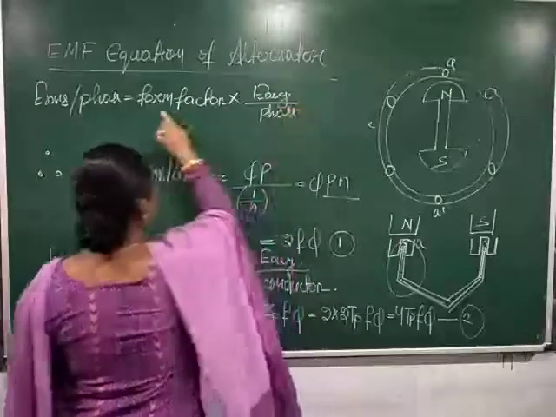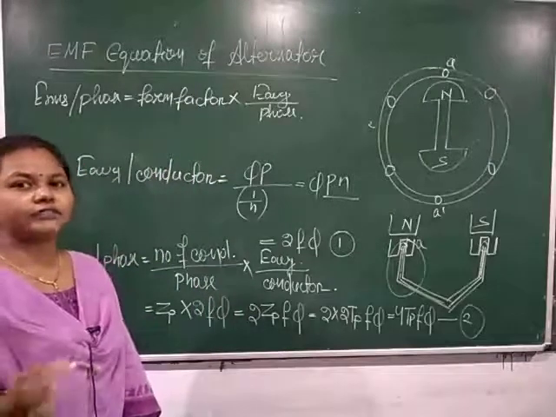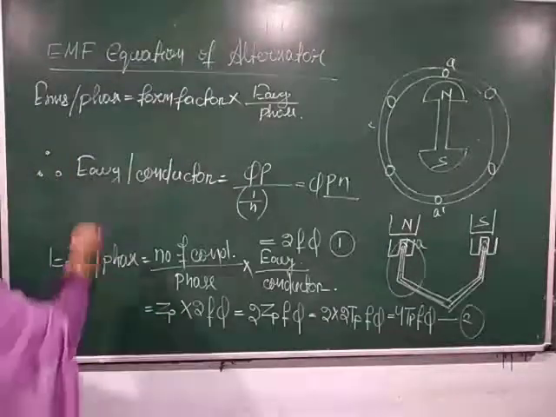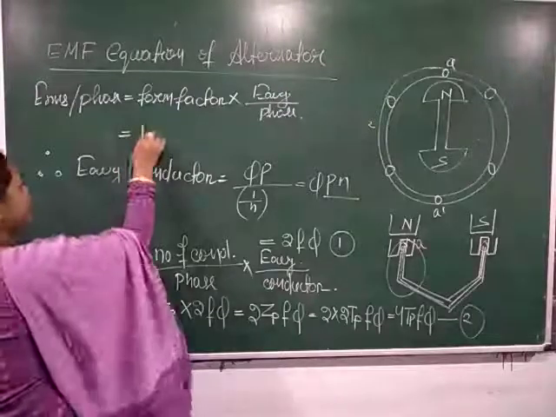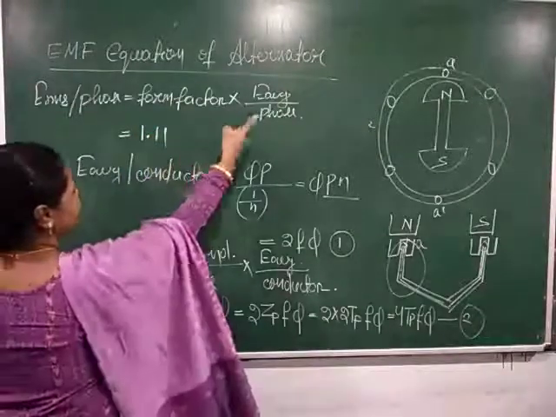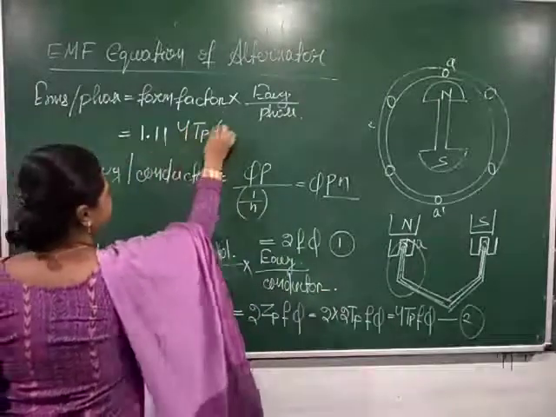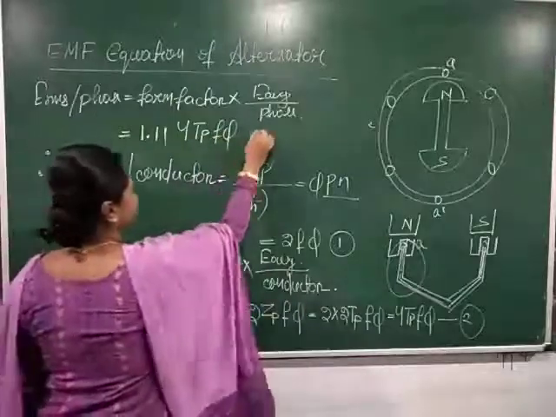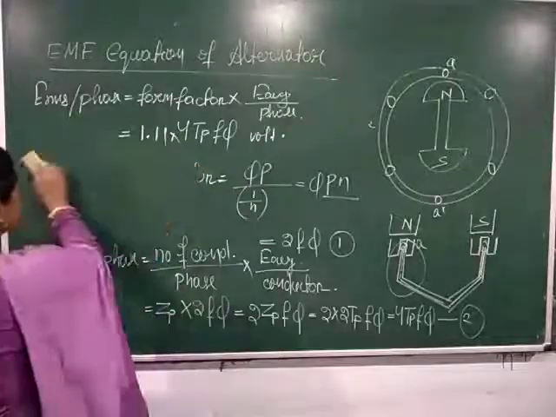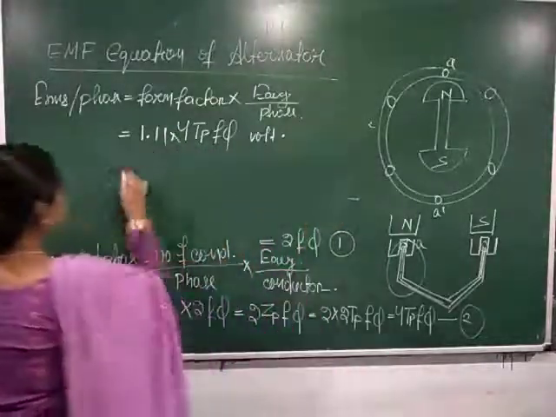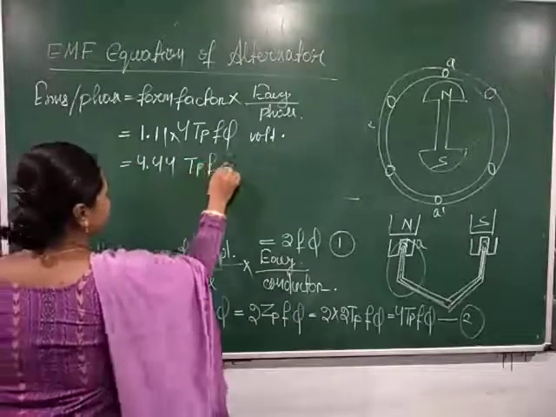The form factor of an alternating quantity is a constant value of 1.11, and the average value you get is 4 Tp F Phi volt. So it is equal to 4.44 Tp F Phi volt.